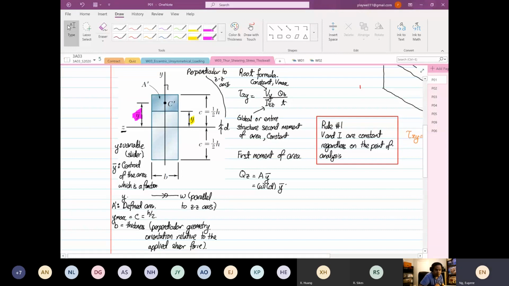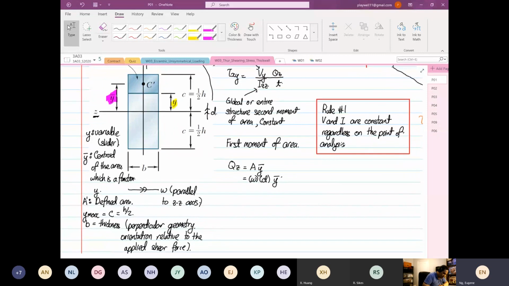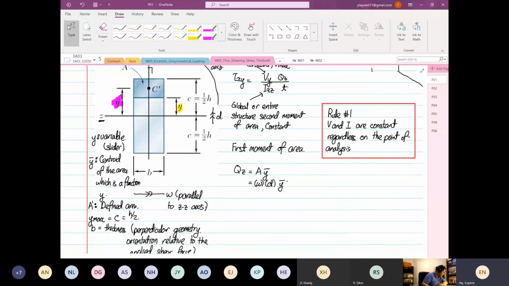Okay. So the next thing that we're going to do now is write the formula for the first moment of area. So we have Qz, or A. We're going to look at A prime now.